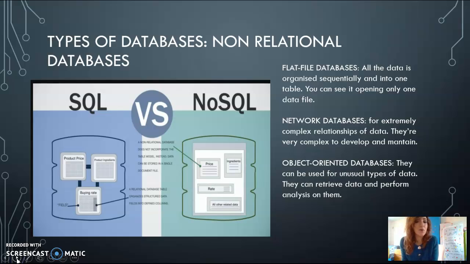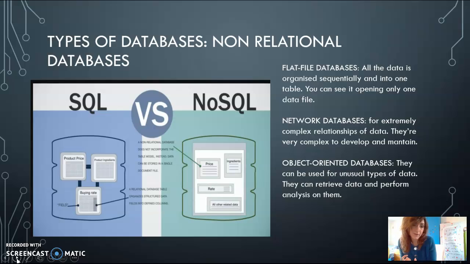Now let's see non-relational databases. In non-relational databases, data can be stored in a single document file, okay? Because a non-relational database does not incorporate the table model, while relational databases organize structured data fields into defined columns.